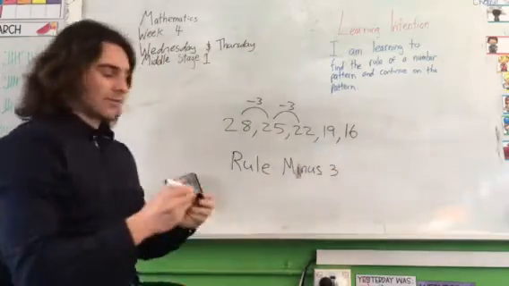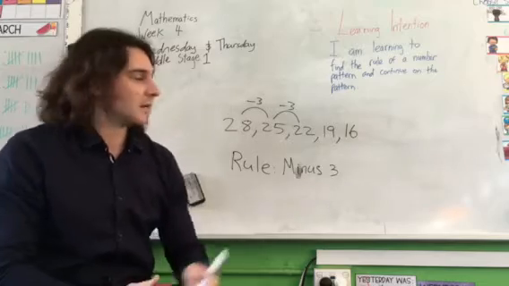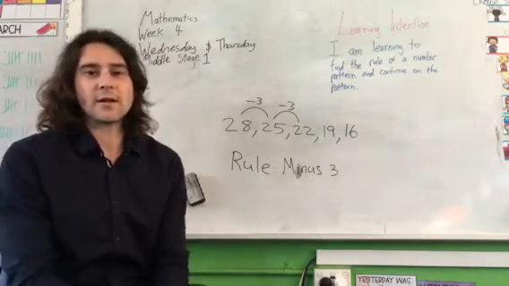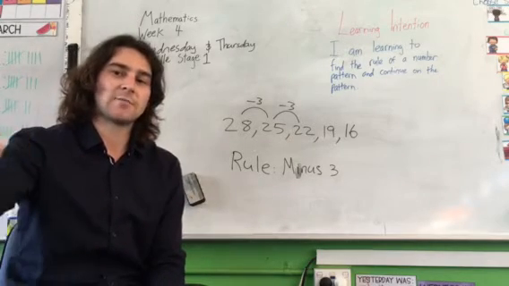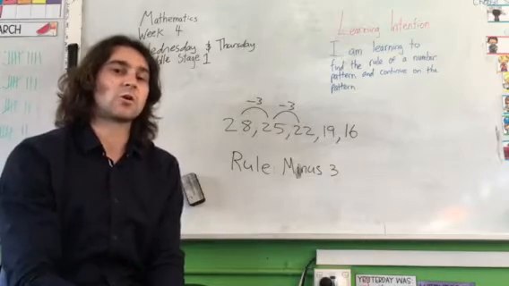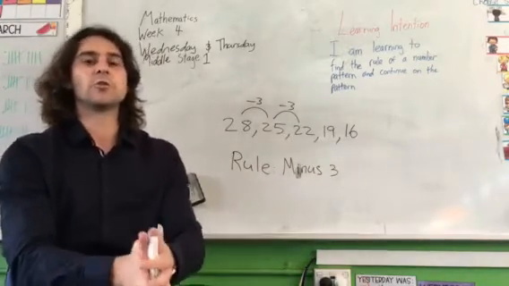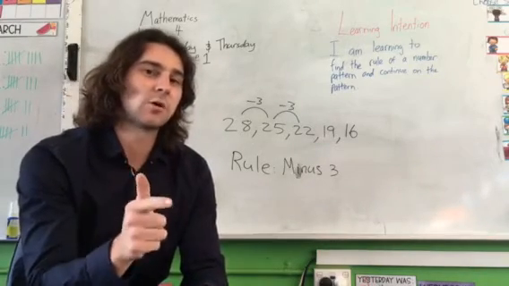Once I understand the rule and once I find the rule, I am able to complete and continue on any number pattern. These are our activities for this week. I put some extra work in Google Classroom. I've created some number patterns for you to find the rule and also continue on.